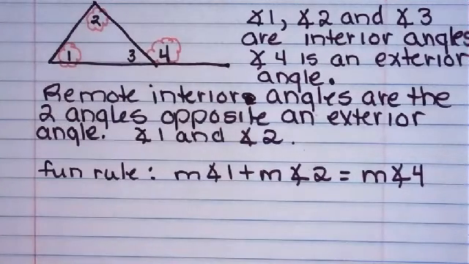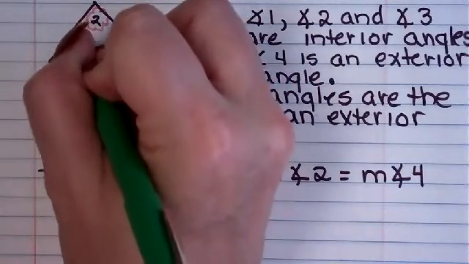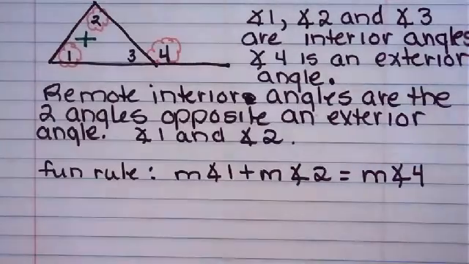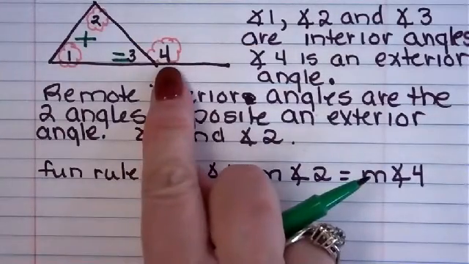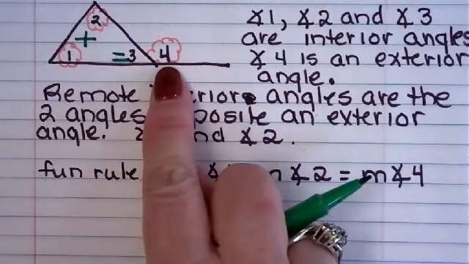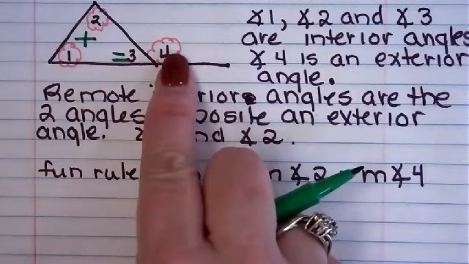Now, one way that I note this a lot of times in pictures to help me is this. Angle 1 plus angle 2, see my little plus sign, is equal to angle 4. 1 plus 2 equals 4.